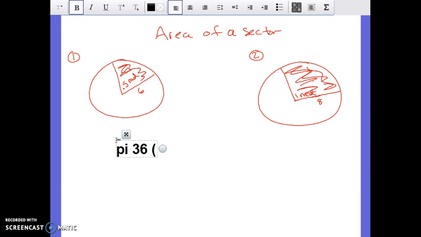I'm going to take that and multiply it by the radian. So I need to do a little conversion here first, okay? So if I take 0.5 and times it by 180 and divide by pi, I get 28.6, or you could just take 57.3 and divide by 2.